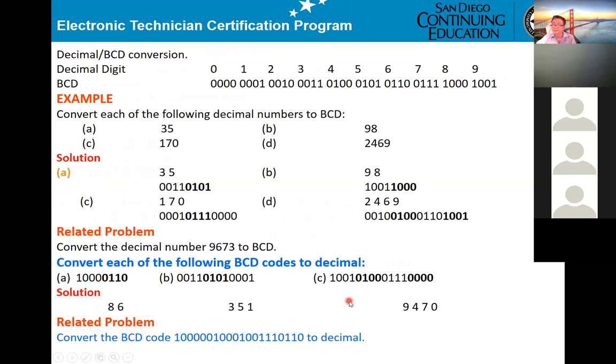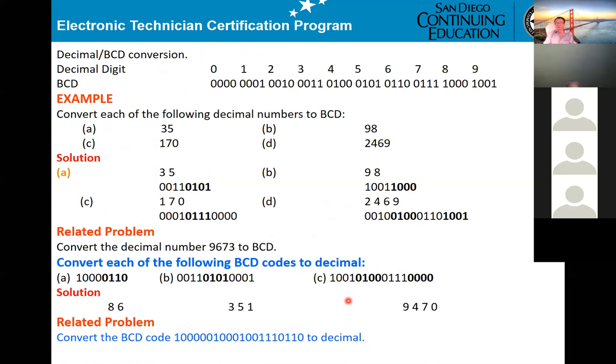BCD conversion. Now again, BCD means binary coded decimal. What does that mean? That means the binary works exactly like the decimal. And you understand that in decimal, you only have numbers from 0 to 9.